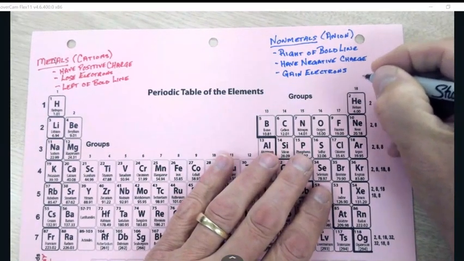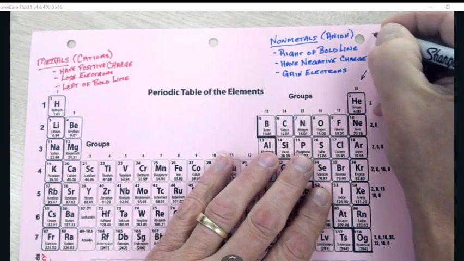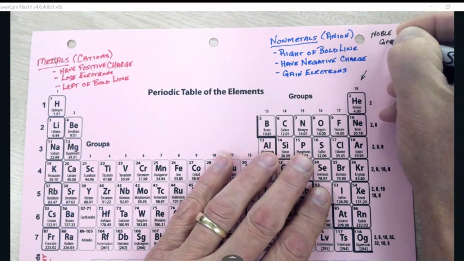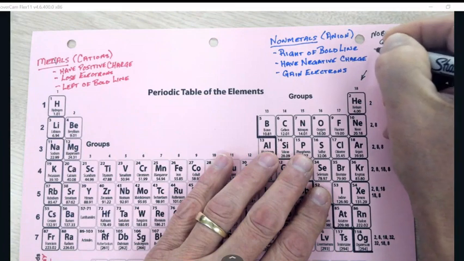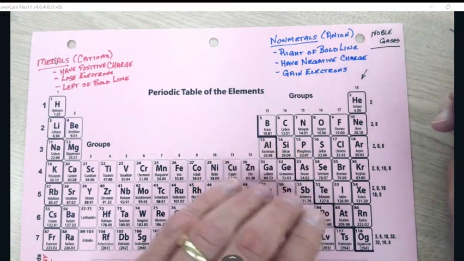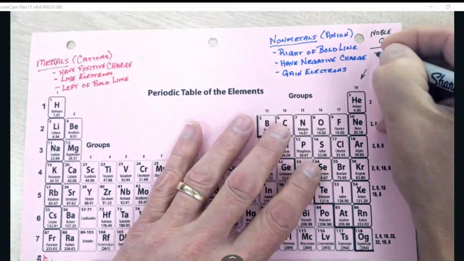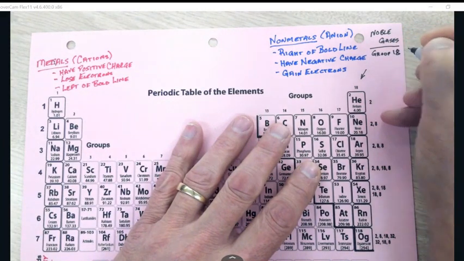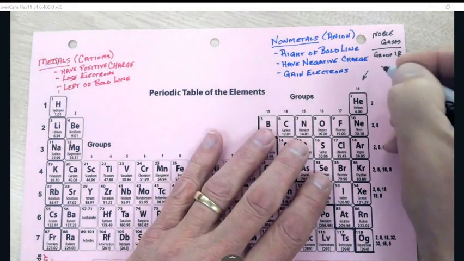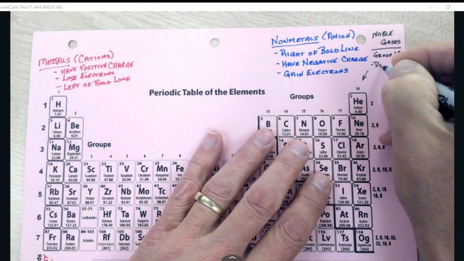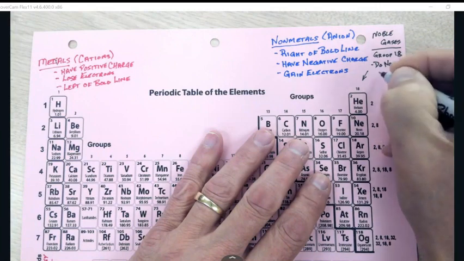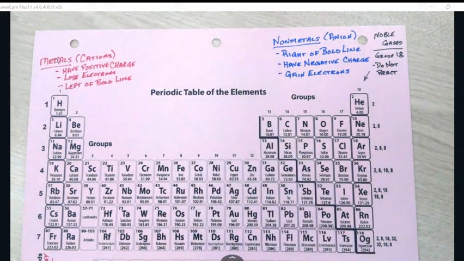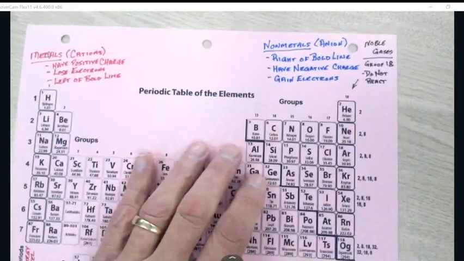Now, the noble gases, and again, you can write this wherever you want on your periodic table. I'm putting it over there. Group 18. Okay? They do not react, meaning they will not become a part of compounds.